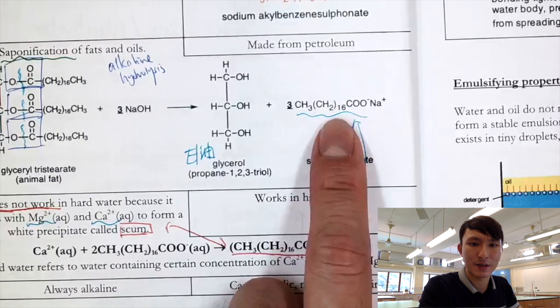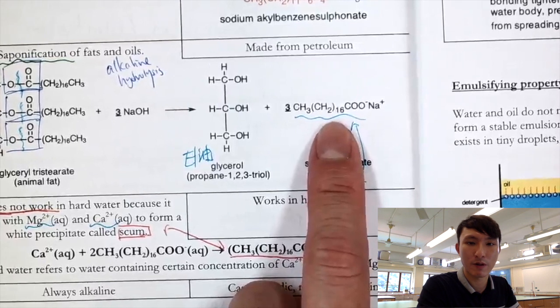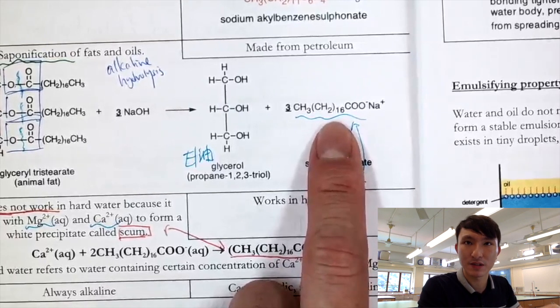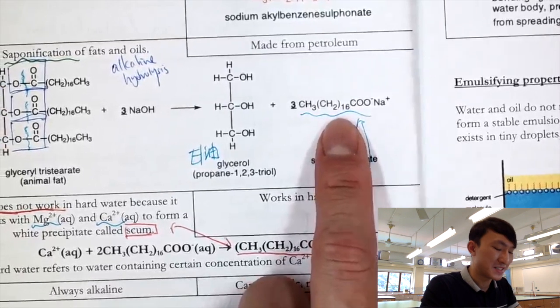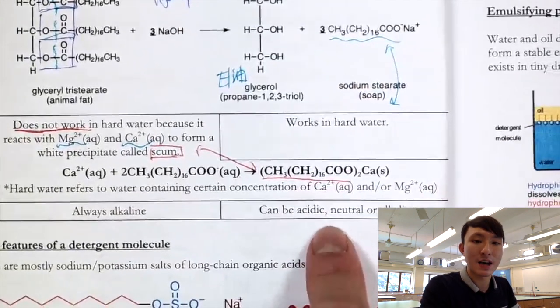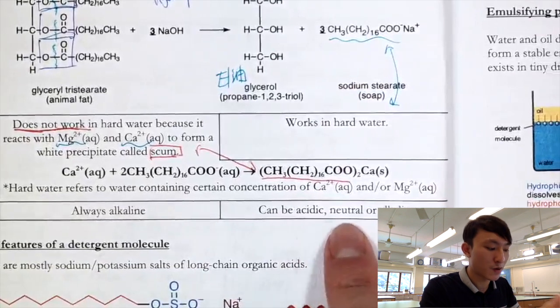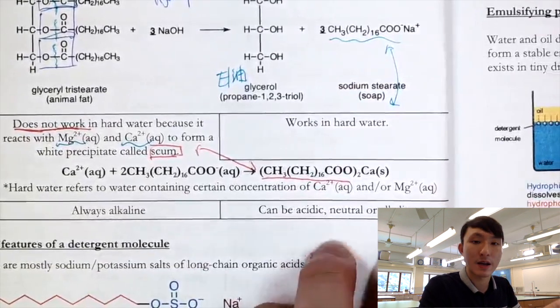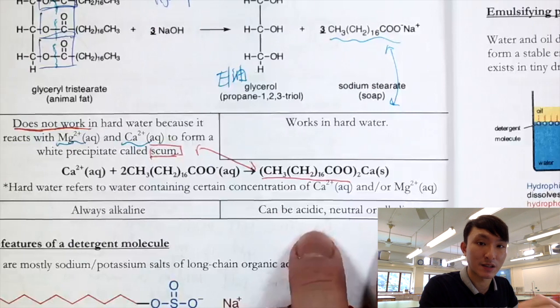Plus, it smells quite bad, because free fatty acid usually smells very bad, like spoiled fat or oil. So it is undesirable. But the soapless detergent can be modified into acidic, neutral, or alkaline form. Most of them are alkaline, but we also get the acidic form.